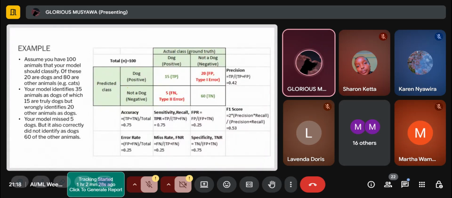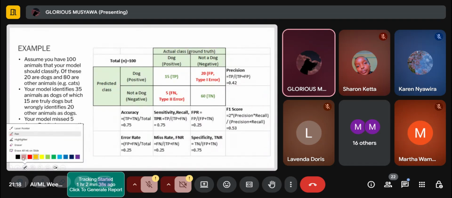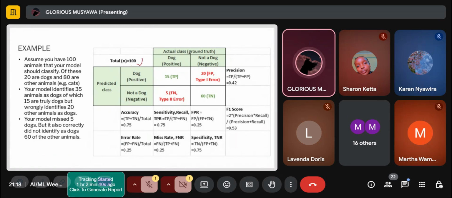Okay, this is long. So we have 100 animals. Let me use a different pen. We have 100 animals. We have 20 which are dogs, and 80 are just other animals.